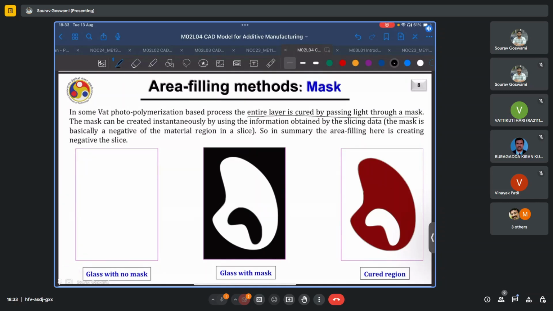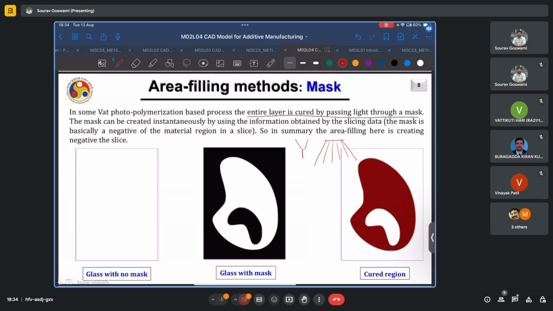And when we say entire layer, this is because we are illuminating the entire layer at once using a floodlight type of mechanism, as opposed to a process like powder bed fusion with laser source, where you have this laser beam which scans the surface point by point. Here you are suddenly illuminating the entire area at once.